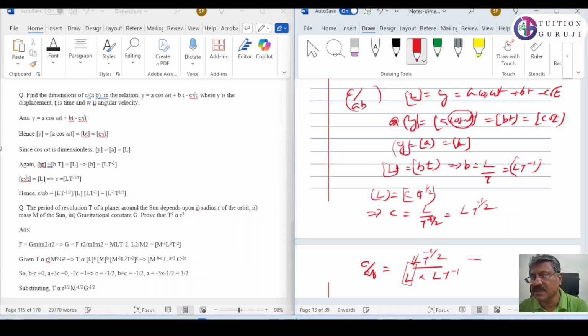Then L raised to minus 1, then t raised to minus half plus 1. So L raised to minus 1, t raised to half. This is the dimension of C by AB.